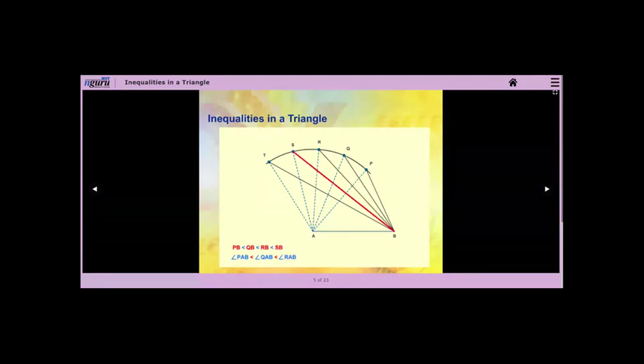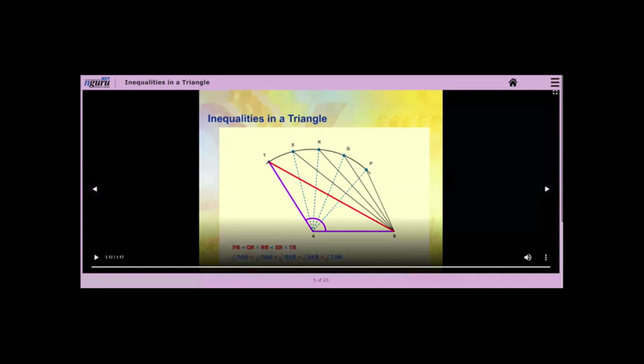RB is less than SB and angle RAB is less than angle SAB. Again, SB is less than TB and angle SAB is less than angle TAB. Hence, we can conclude that the side opposite the greater angle is longer.